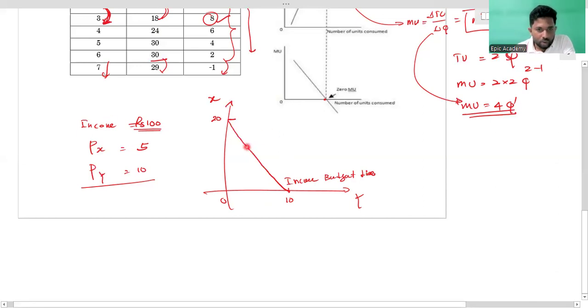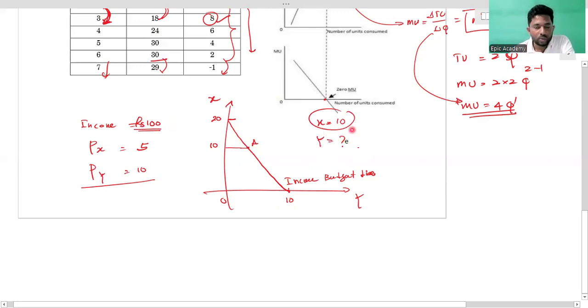As an example, I'm going to point out a point as A. At A, this represents 10. I mean, from X commodity, you can consume 10. If I ask how about the consumption of Y, how much? You have to understand that one. You are going to utilize only 100 rupees.